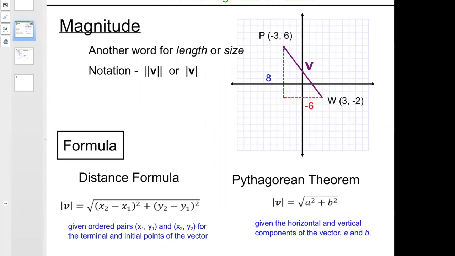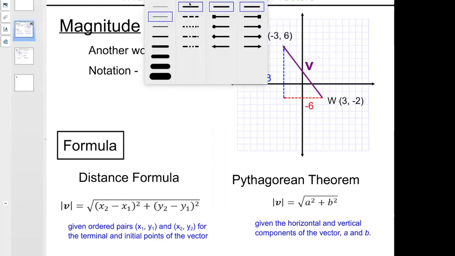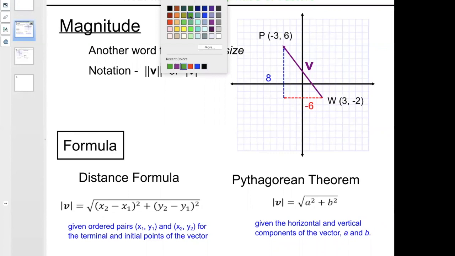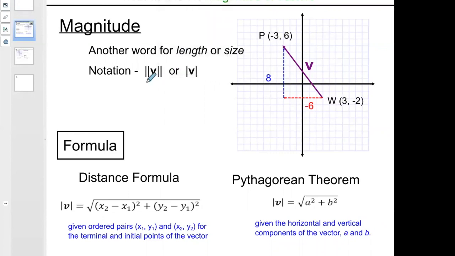There's two different notations that you'll end up seeing when we're talking about magnitude. This one is the one you're going to see in Delta Math, with two vertical bars on either side of the vector, and just inside of here is the name of the vector. Or you can sometimes see a single bar on either side, which looks exactly like absolute value.